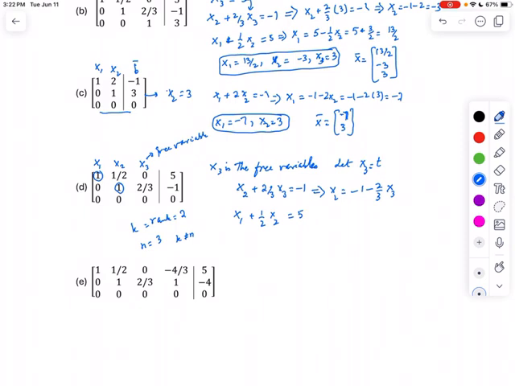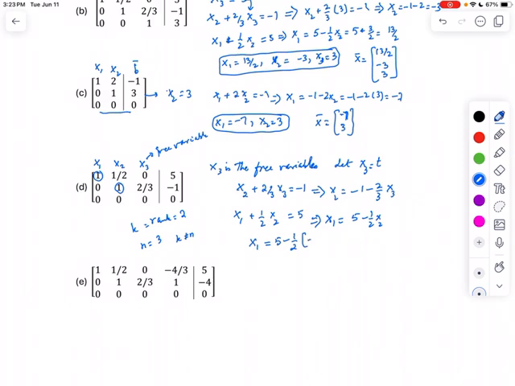But when we have a free variable, all the non-free variables, which are called the basic variables, by the way, so the ones which are not free are called the basic variables, we must write the basic variable in terms of the free variable. So here I can get from here x1 equals 5 minus 1/2 x2, but we should get it in terms of x3. So I will replace the value of x2 here.